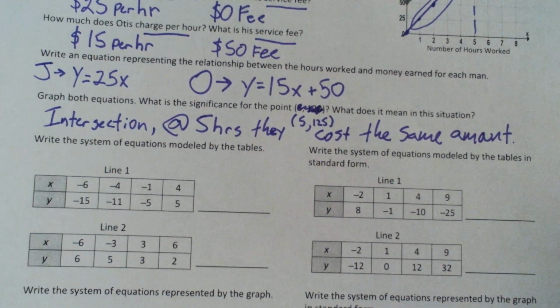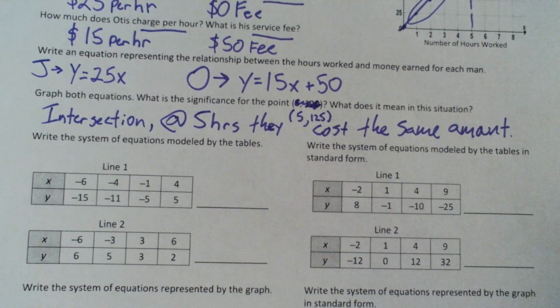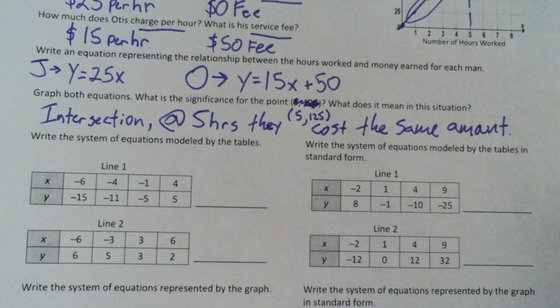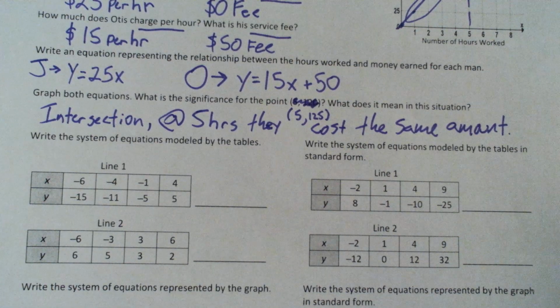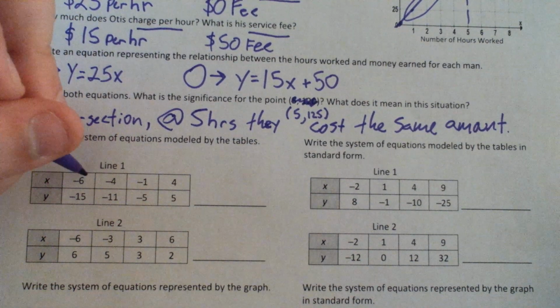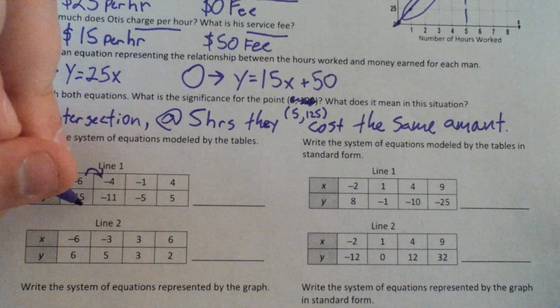Okay, so for the rest of these we don't really have a word problem to go with, but what we're doing is looking at whether we can get the equations from the table and really just build a system of equations there. For these, just a little review of what we're doing: I'm going to do change in y over change in x.